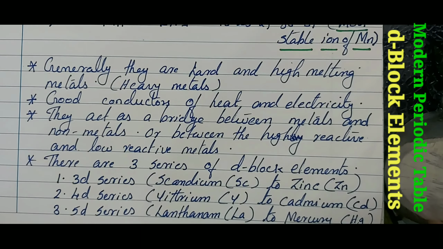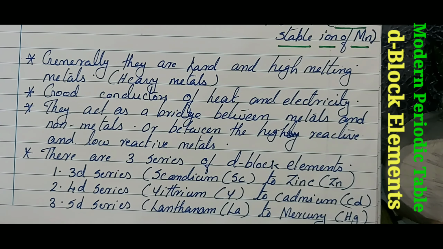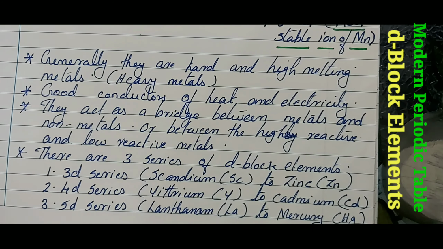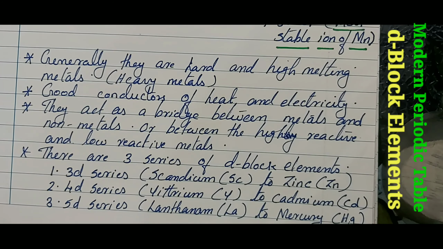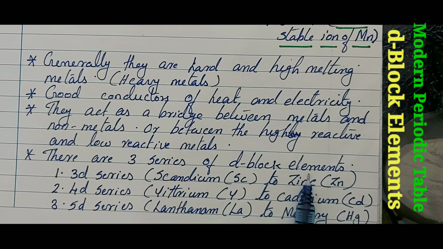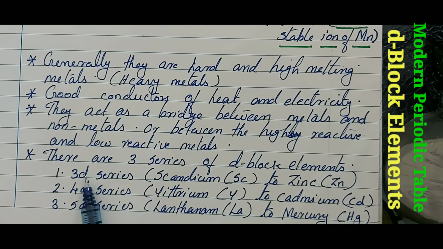Then these are the 3 different series of D block elements. What are they? The 3d series, 4d series, and 5d series. In the first series, that is scandium to zinc, the last electron will be going to the 3d subshell. Then the 4d series, the second series, is from yttrium to cadmium.